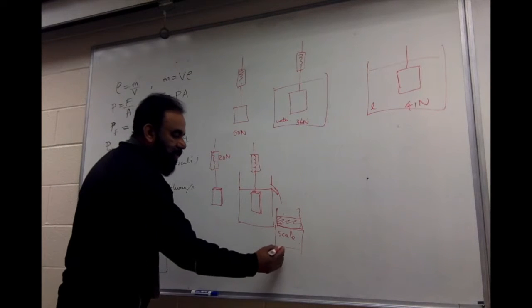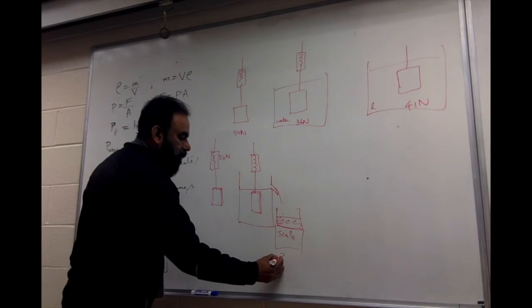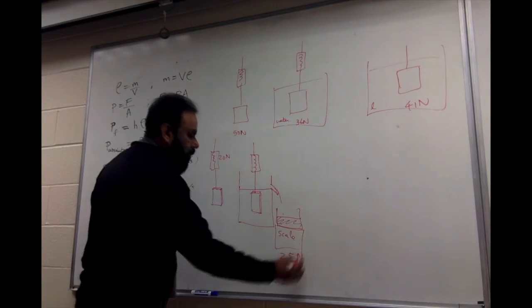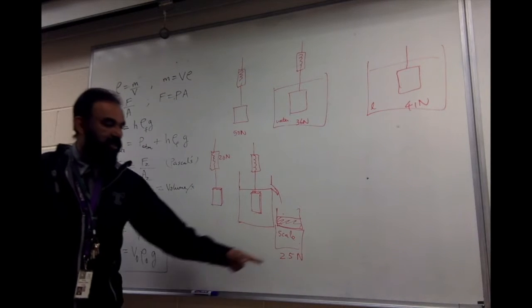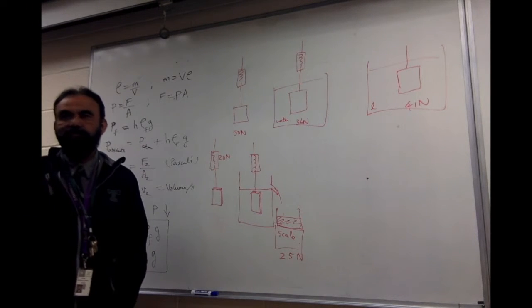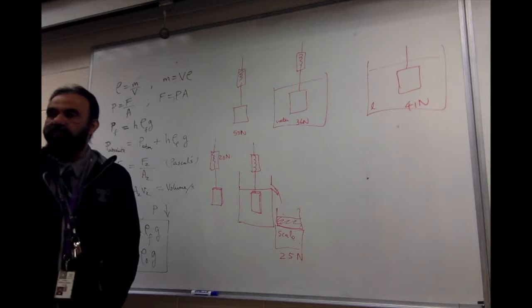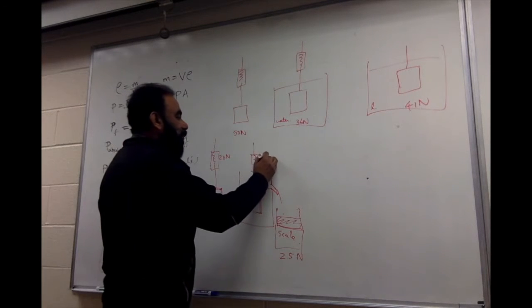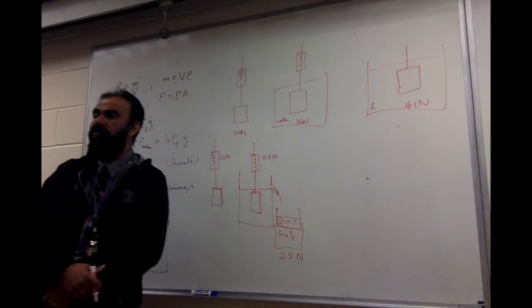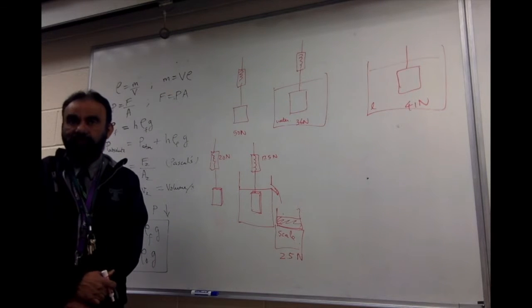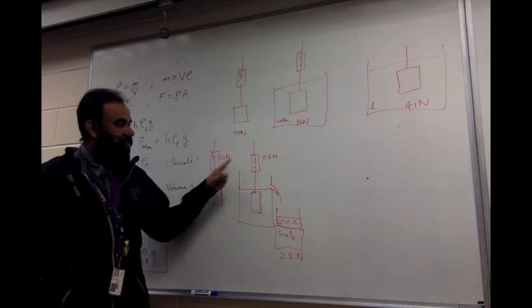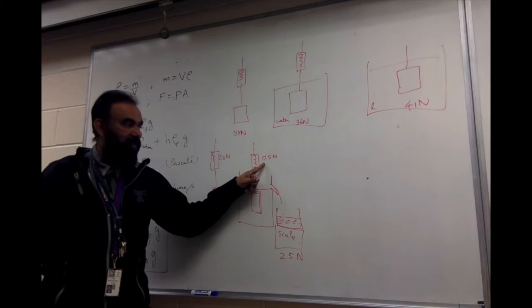Suppose this scale reads 2.5 newtons. If this reads 2.5 newtons, what will be this reading? 17.5 newtons. Does it make sense?